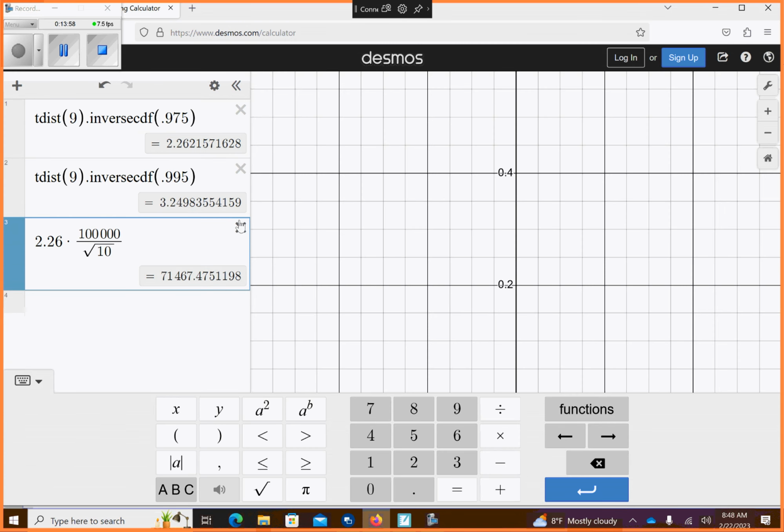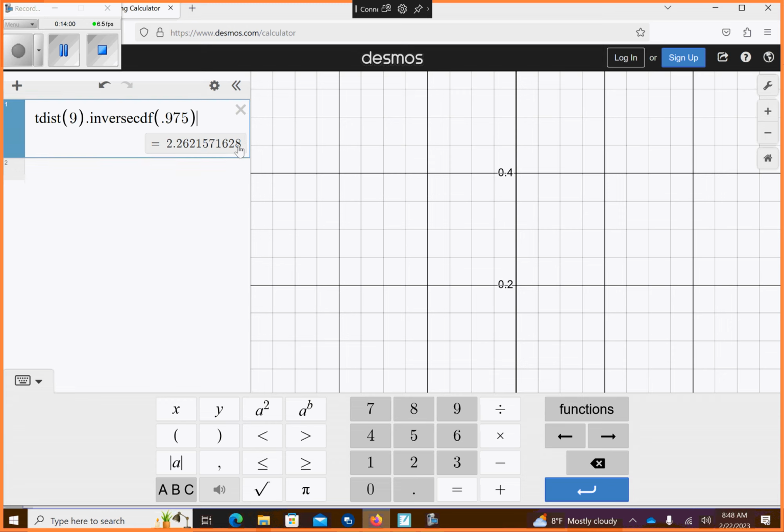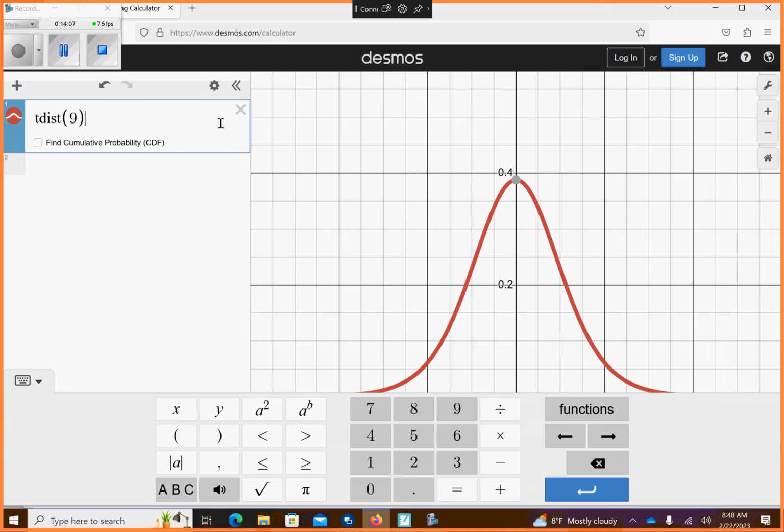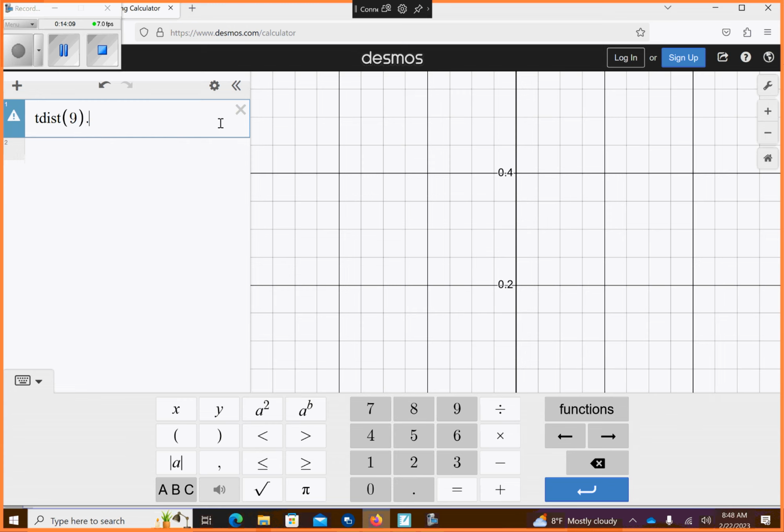Let's get rid of this stuff because we don't need all this yet. So our degrees of freedom on this one would be 9 as well. Agree? And then our inverse CDF is going to be 0.75.